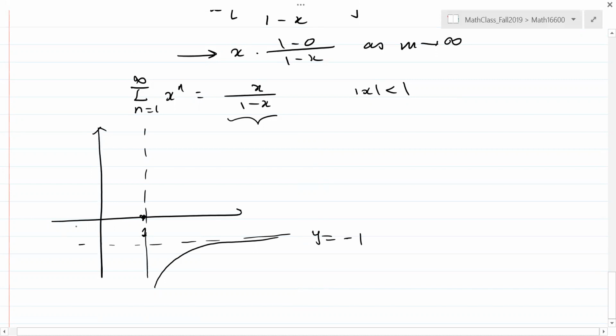And the other one would be like this. This is a graph for y equals x over 1 minus x.